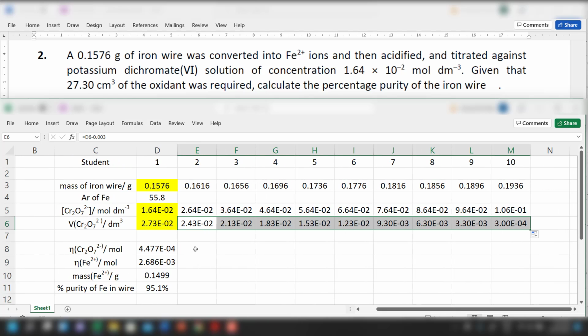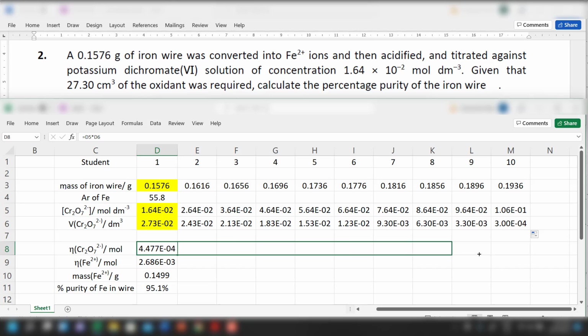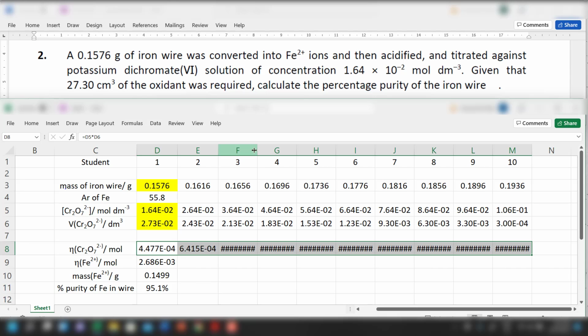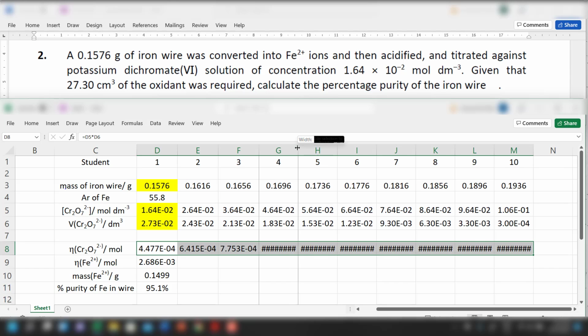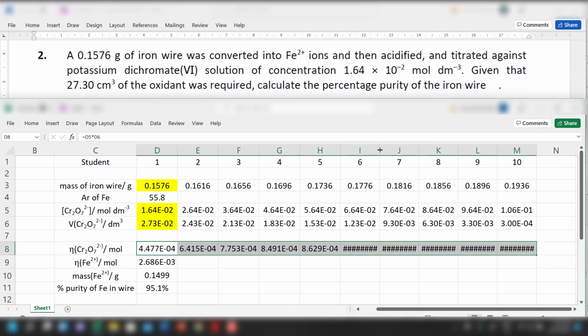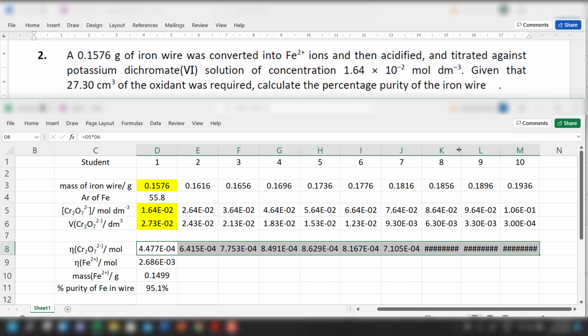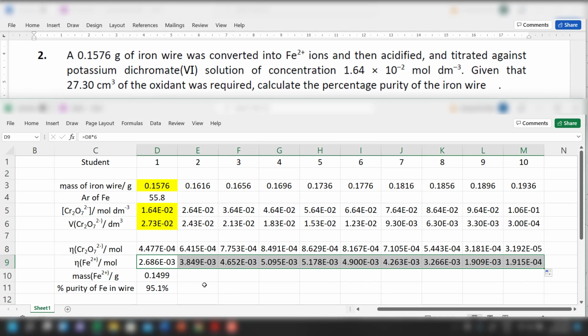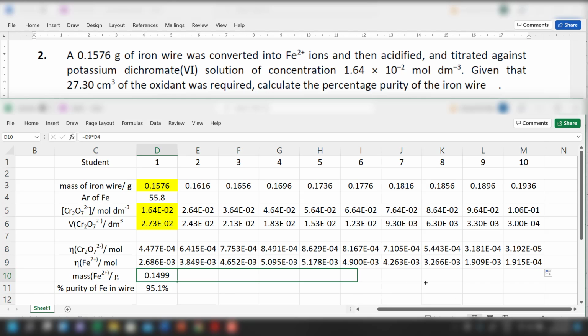Then you'll notice that eventually you will be able to obtain quite a lot of these values on their own. I'm just going to show you. Just double click, and then the rest of the numbers will just appear as well. And then the mass.